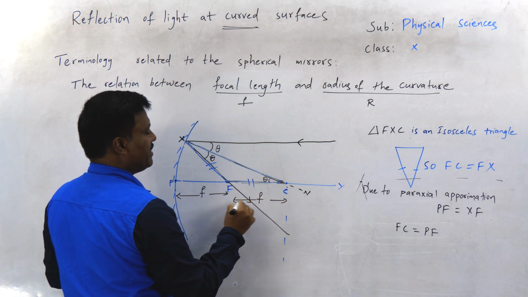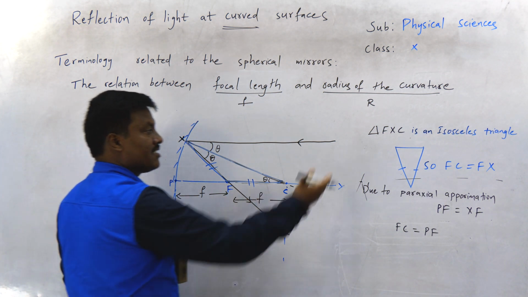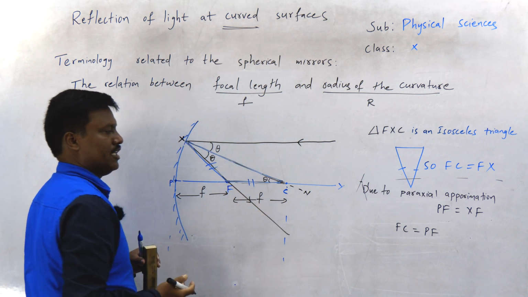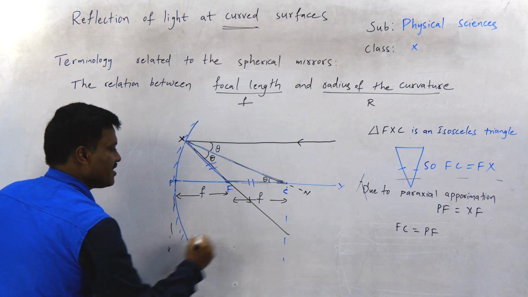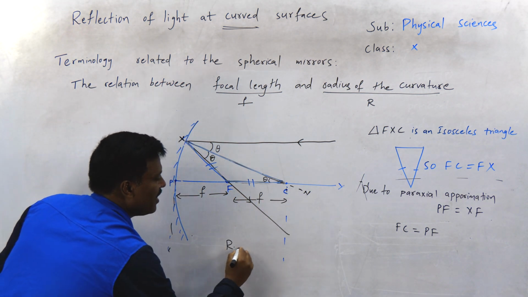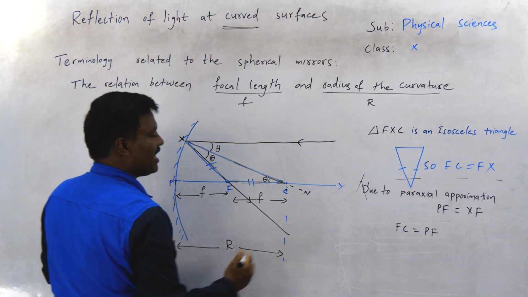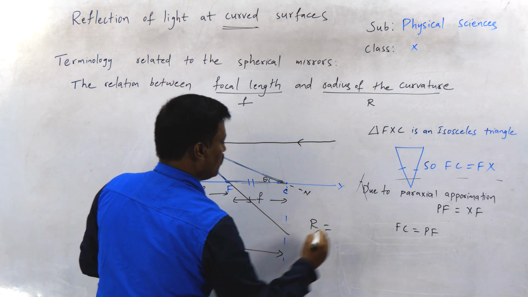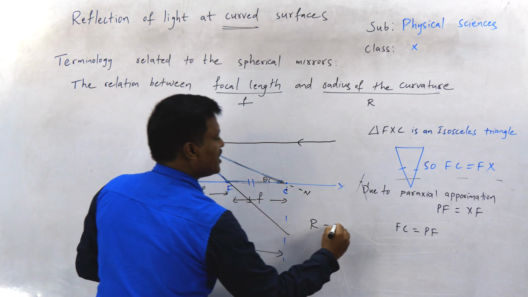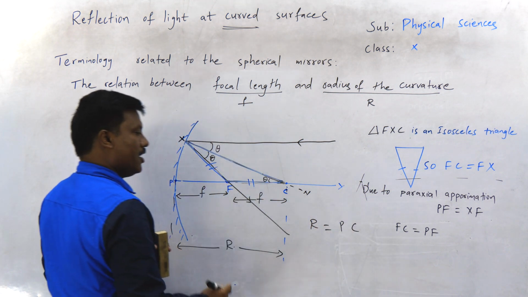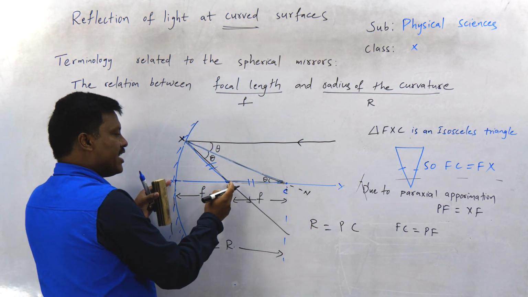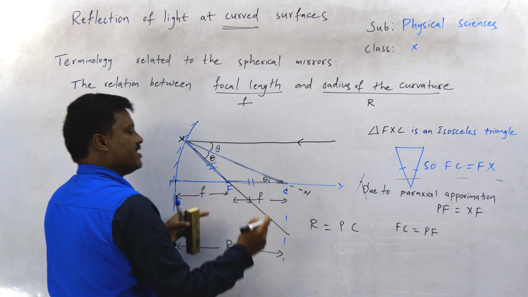So this can also be known as focal length, because from the derivation we understand that the distance between pole and center of curvature is called what, Nana? Radius of curvature. So radius of curvature R is equal to the distance between P and C. But the distance between P and C is divided into two parts, PF and FC.